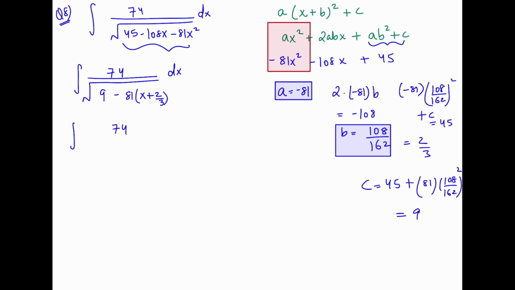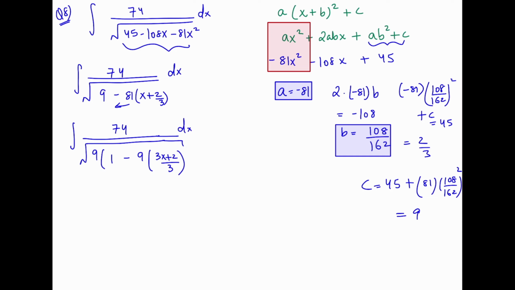I want to make this into a 1. So I factor out the 9. I'm making 1 minus 9. Okay, so if I factor out the 9 from the 81, this will be left with the 9, right?